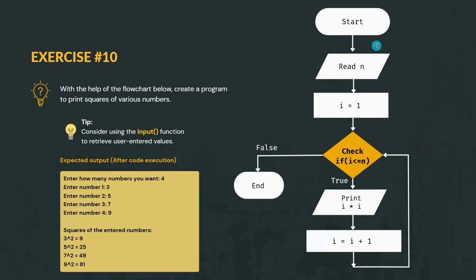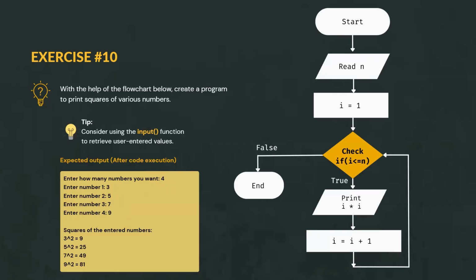First, we ask the user how many numbers they want to square, and let's call this n. And then we ask the user to input n numbers, one by one.